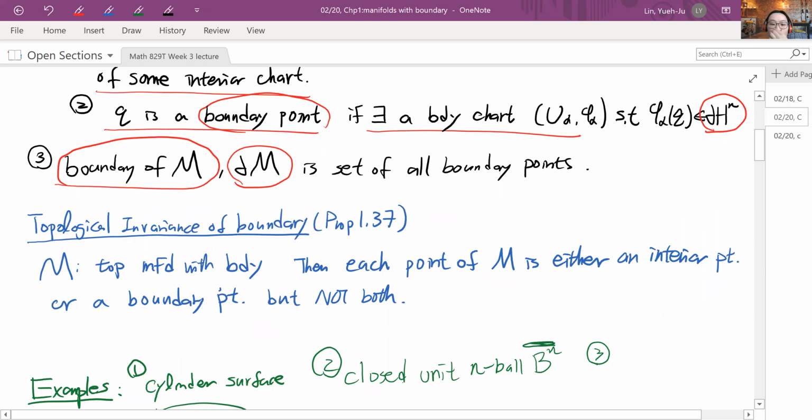Then how do we define a map from such an open set in H^n to any R^k? We say it's smooth if for each point you can find a larger open set U_delta containing this point, which is an open set in the usual sense in R^n, and you can find a smooth map defined on this slightly larger open set such that when you restrict it back to the intersection of those two sets, it coincides with your original map.